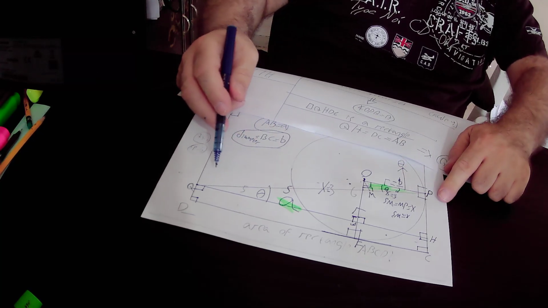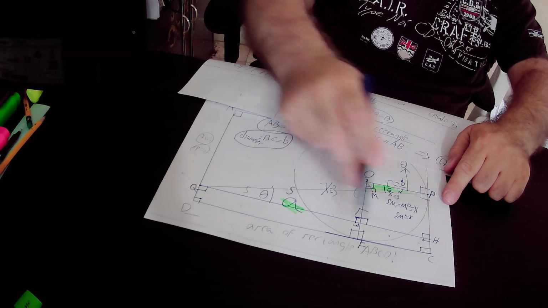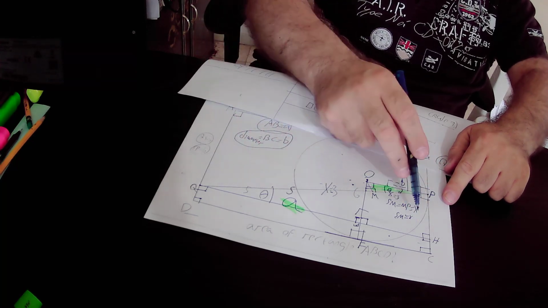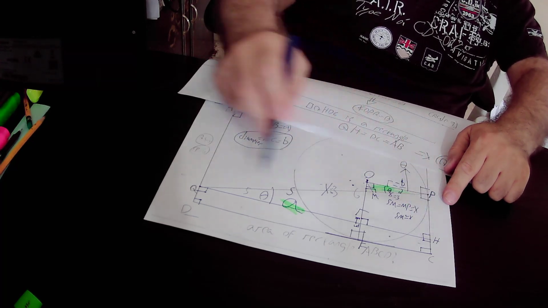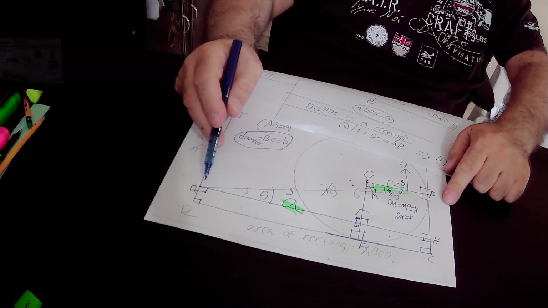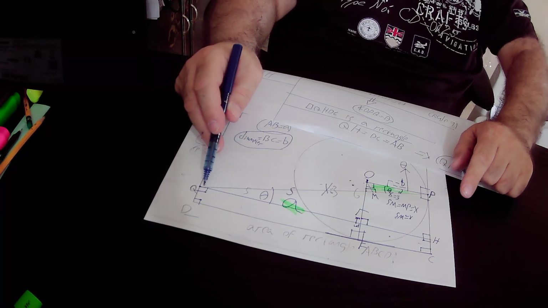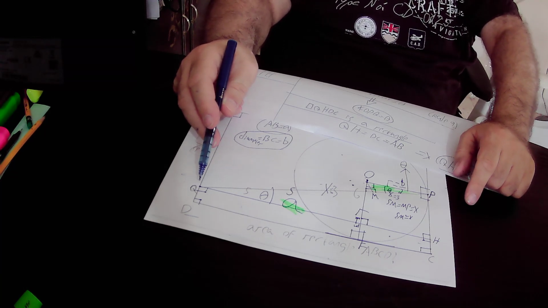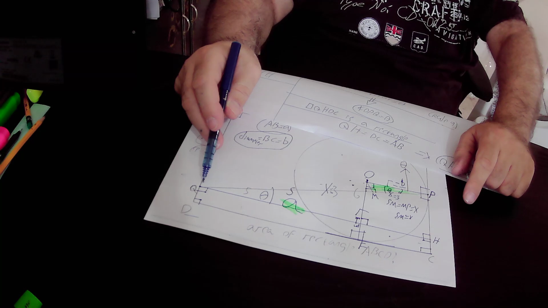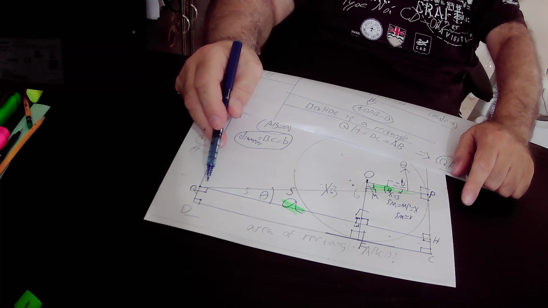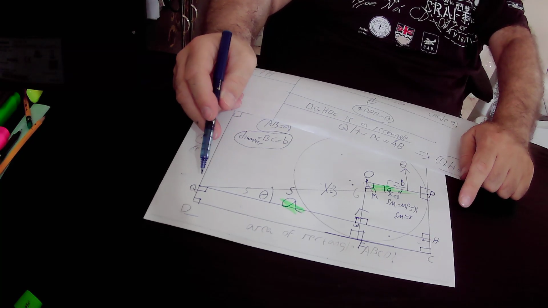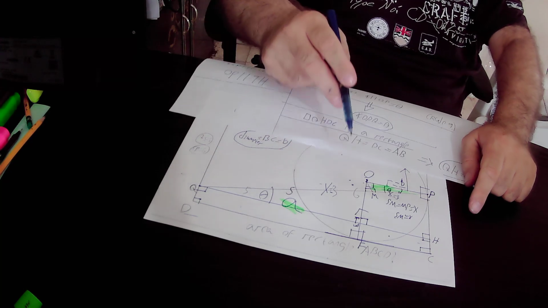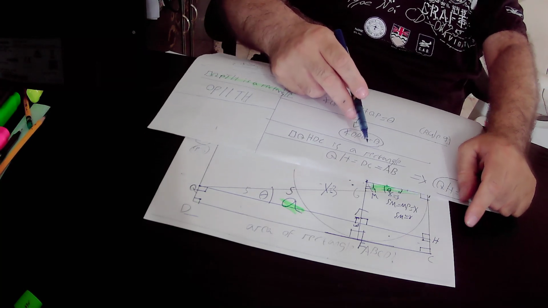Then we focus on quadrilateral QHCD. Inside quadrilateral QHCD we have 1, 2, 3 right angles, therefore the fourth angle must also be equal to 90 degrees. So quadrilateral QHCD that has 4 right angles is a rectangle, and the opposite sides of a rectangle are equal to each other. That is to say, QH equals DC.